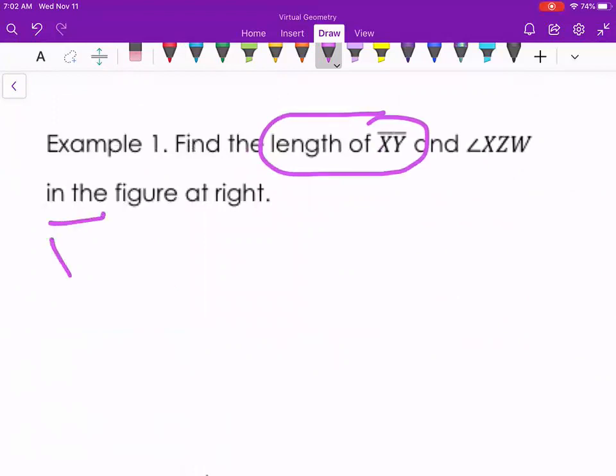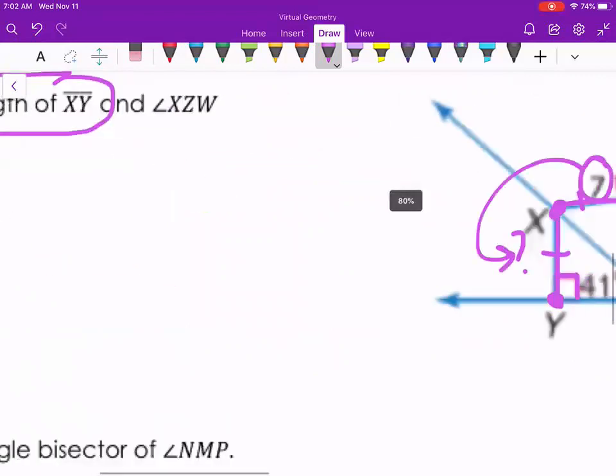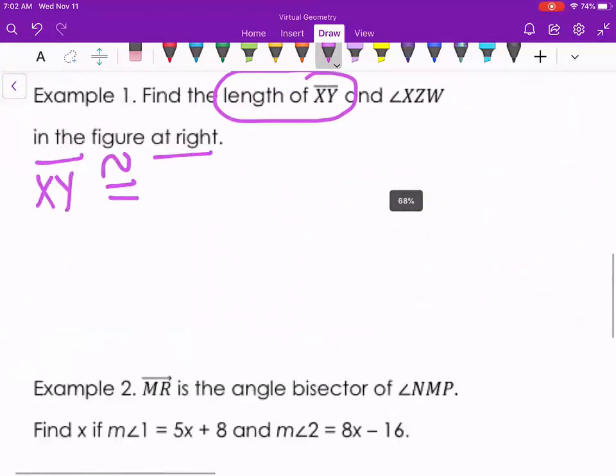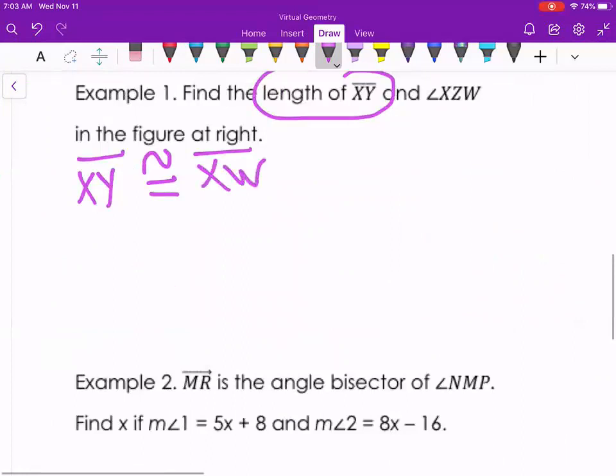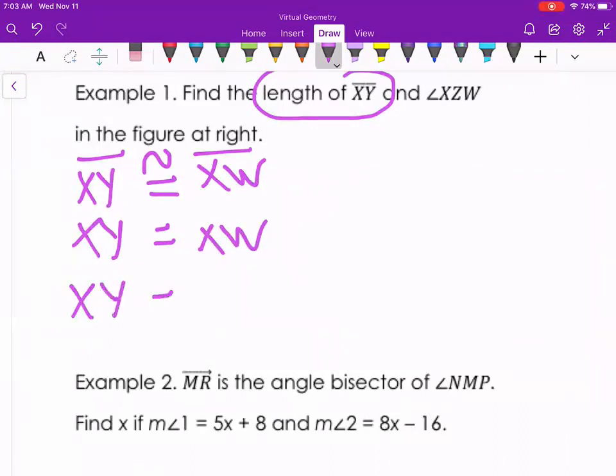Segment XY is congruent to segment XW. So the length of XY, notice there's no symbol on top because no symbol again means length, is equal to XW. So XY has to also be 7.